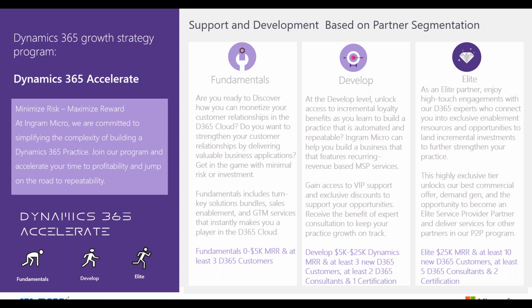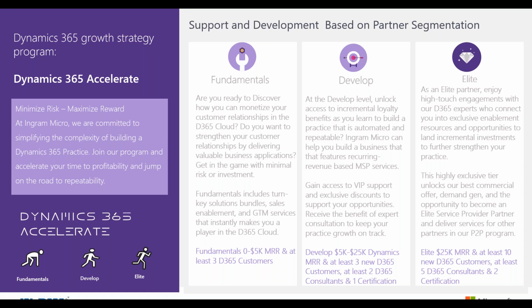This is measured if you're doing a business of monthly recurring revenue between 0 to 5,000 K, and at least if you have 3 D365 customers, in the sense that you are transacting with them, then this is for you. So under this, what do you get?